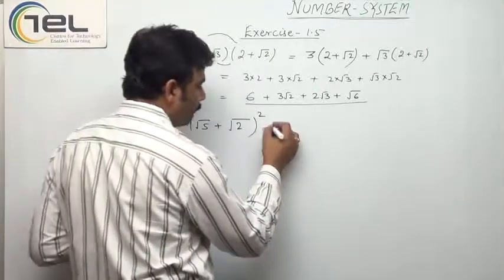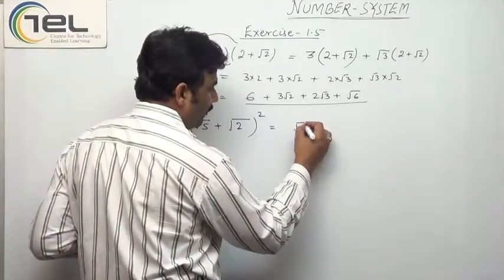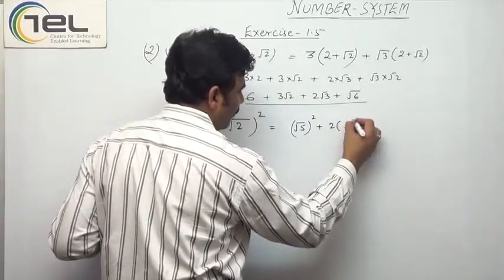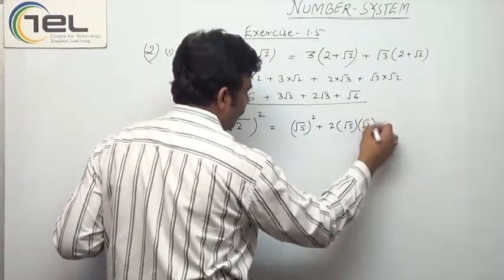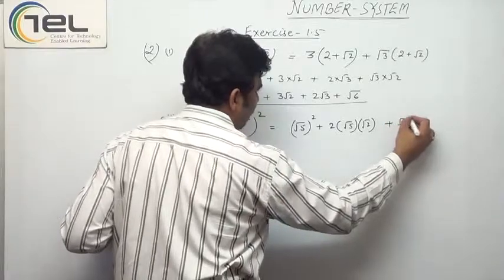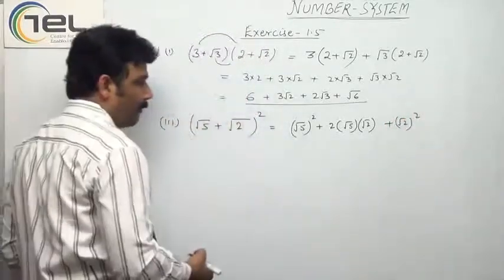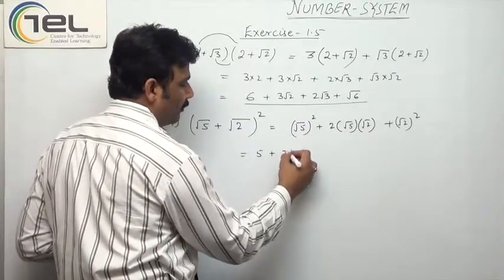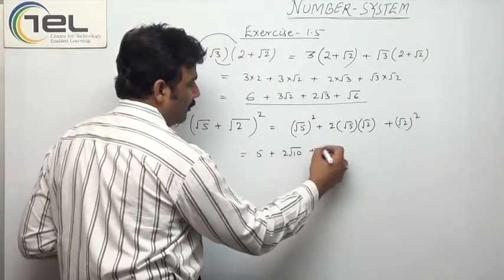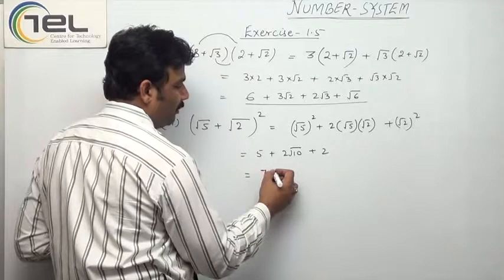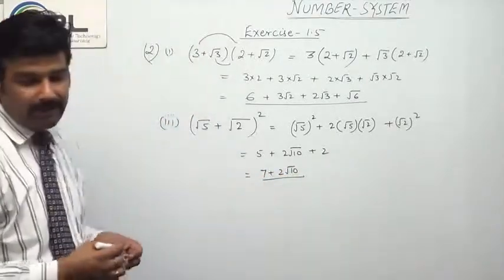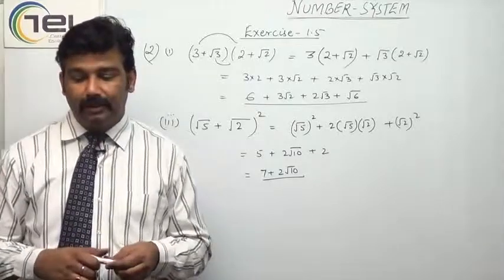So it will be root 5 whole square plus 2 times root 5 into root 2 plus root 2 whole square. This will be 5 plus, it will be 7 plus 2 root 10. This is how.